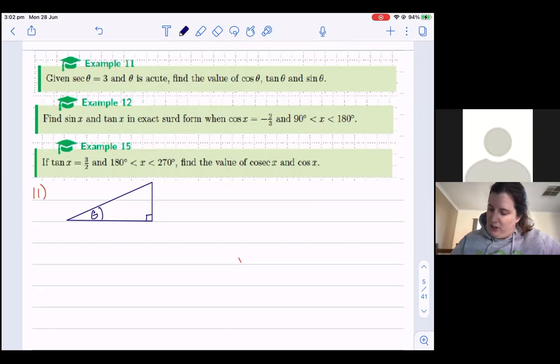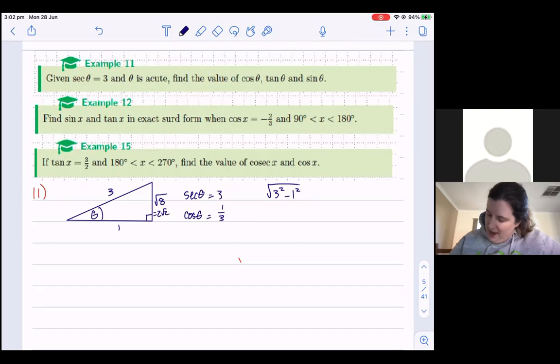Now, cos is adjacent over hypotenuse, so it's 1 over 3. To figure out the other side, we use Pythagoras. 3 squared take 1 squared, so it's root 8, which is the same as 2 root 2.